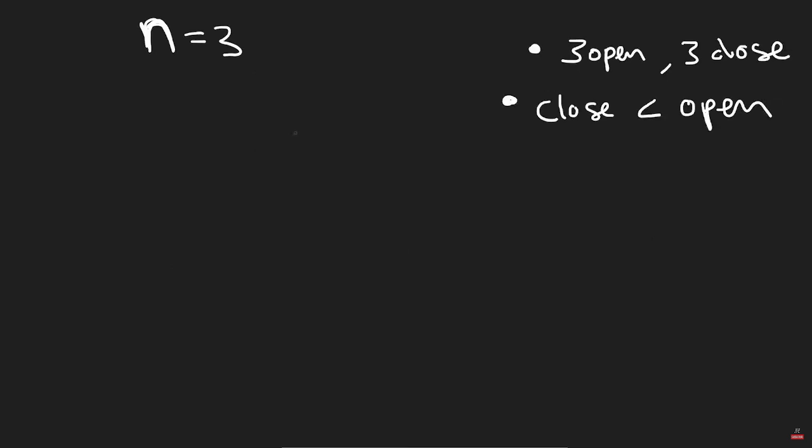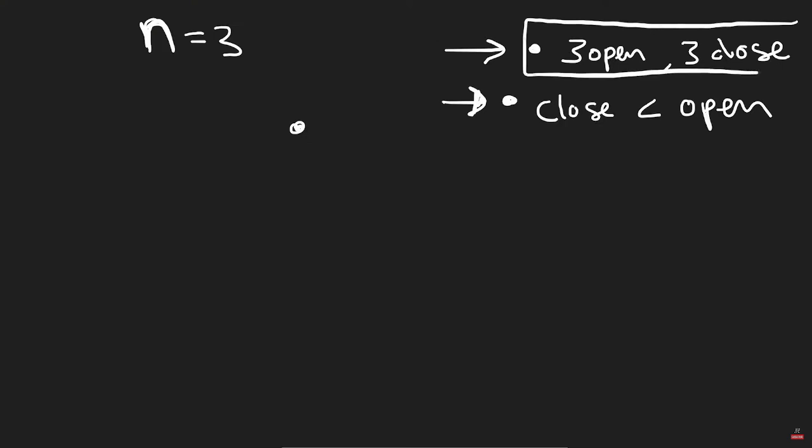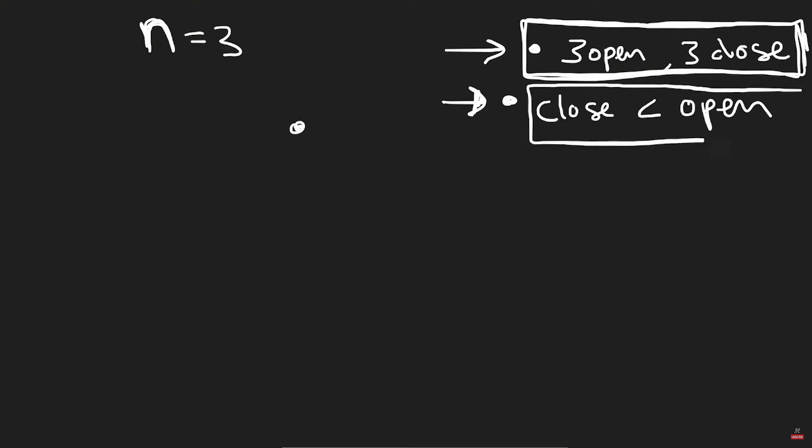So basically, if we're going to do backtracking, these are the 2 rules that we have to follow. This is basically our base case. Once we have 3 open and 3 closing parentheses, then we have a valid parenthesis formation, right? And this condition tells us when we're allowed to add closing parentheses.